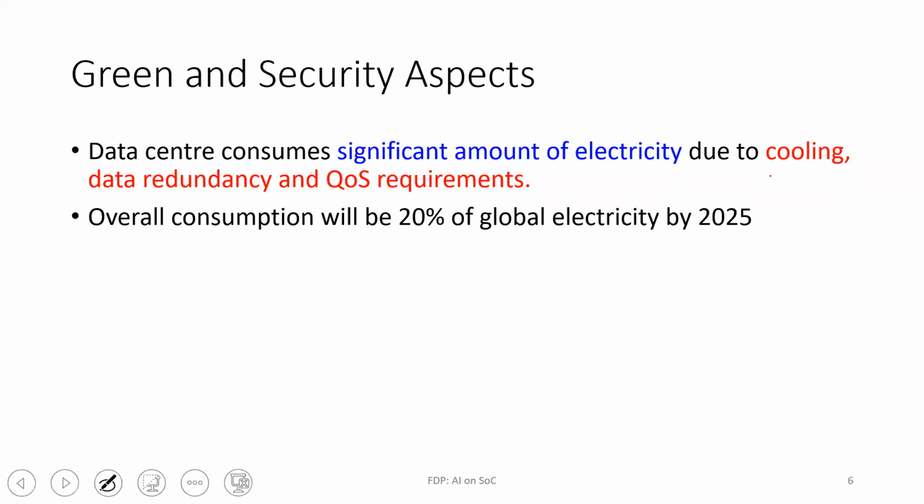They try to build the data center in the north region where the temperature is low, or near the sea where they can use sea water for cooling purposes. So you can see that a lot of things are being done to make the data centers environmentally friendly. As per the prediction, 20% of the global electricity consumption will be because of data centers by 2025. So it's a huge environmental factor.